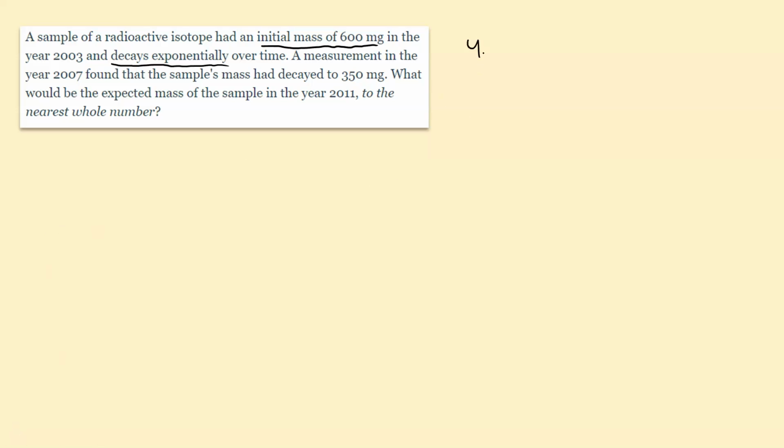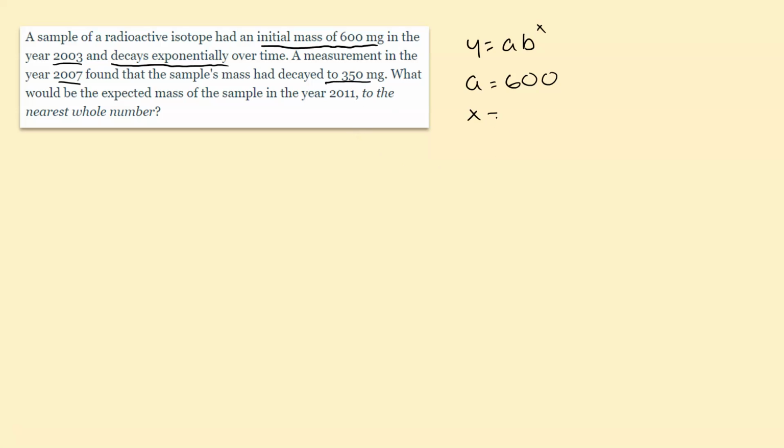So we have our general form. We know the initial mass is 600, and we know that after 4 years, 2003 to 2007, it decayed to 350.